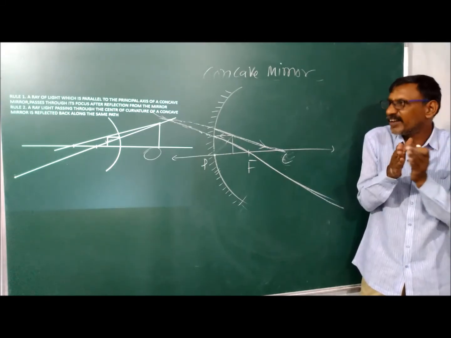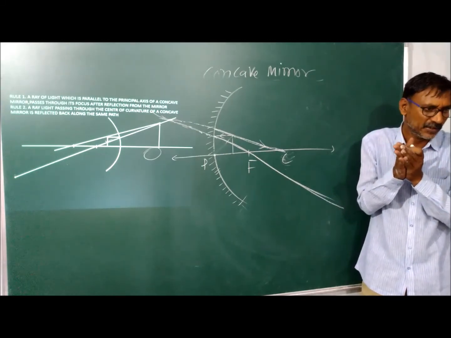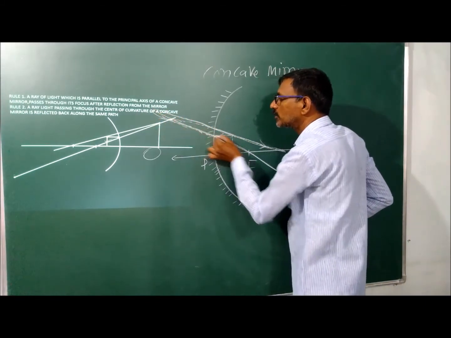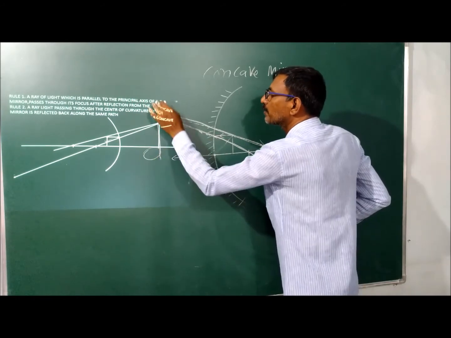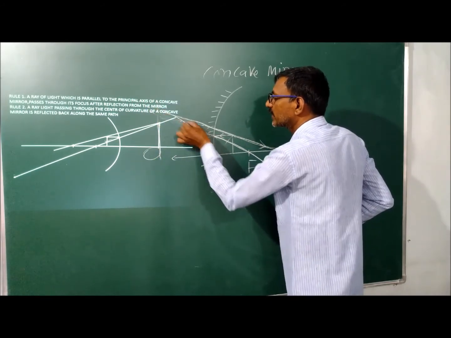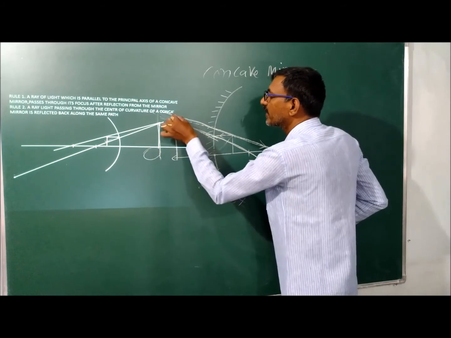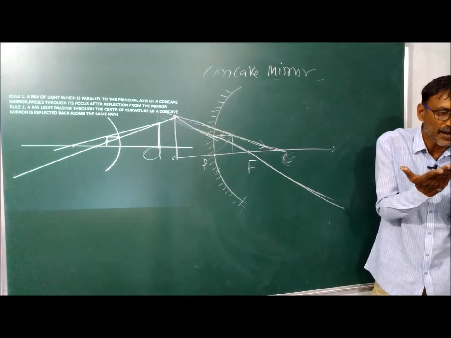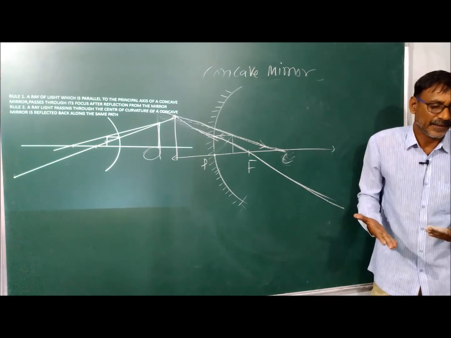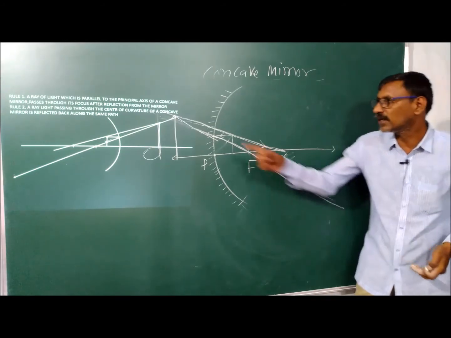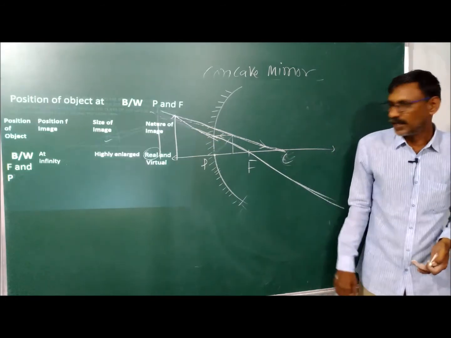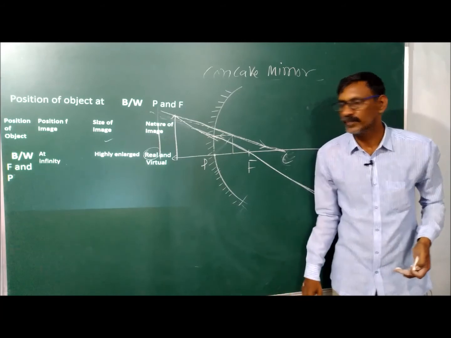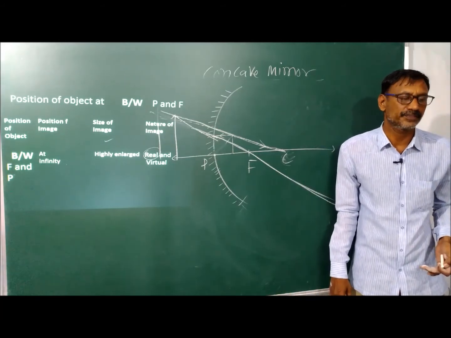But we take an imaginary ray, draw like this, and both are intersecting at a point. Suppose they are intersecting at this point. We cannot catch the image by the help of a screen. This is also a virtual image compared to my object. It's very high and enlarged.